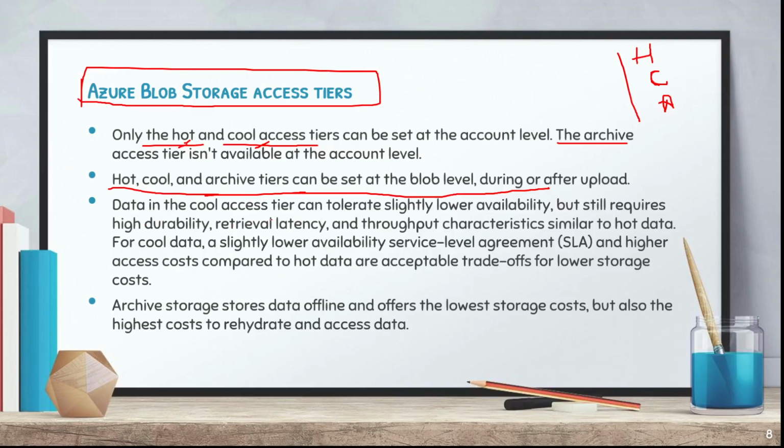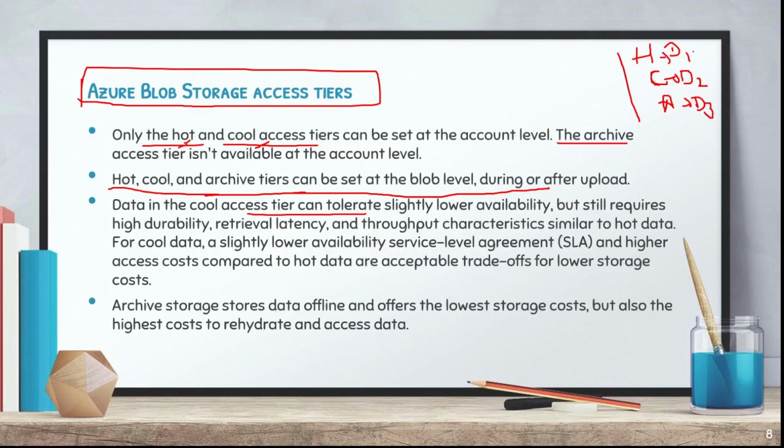Data in the cool tier can tolerate slightly lower availability. Let's say you have data D1 in the hot tier, data D2 in the cool tier, and data D3 in your archive tier.